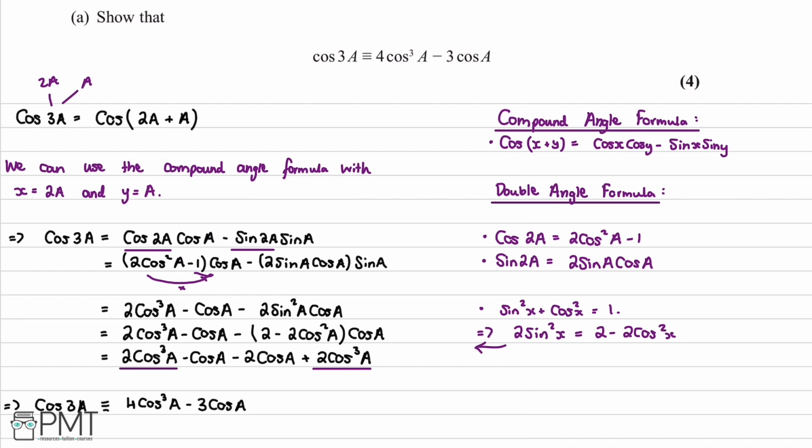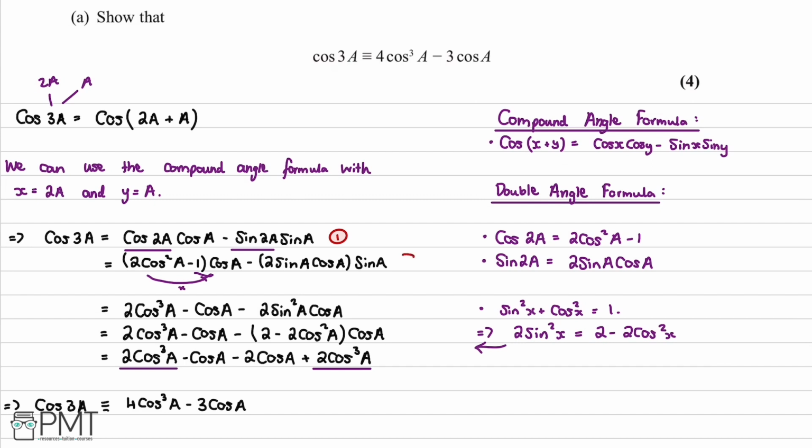We see that this question was worth 4 marks, and we receive our first mark for knowing to use the double angle formula and getting to this stage here, where we had that cos 3A was equal to cos 2A multiplied by cos A minus sine 2A multiplied by sine A. We then receive our second mark for knowing to use the double angle formula and substituting this in.